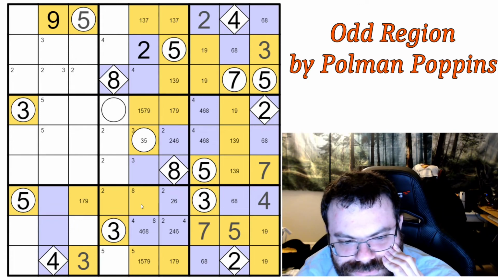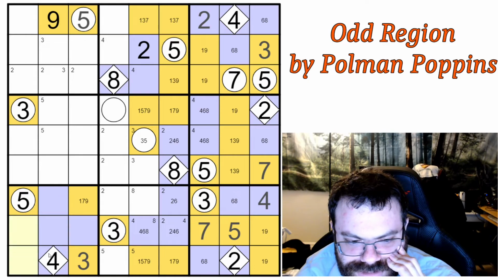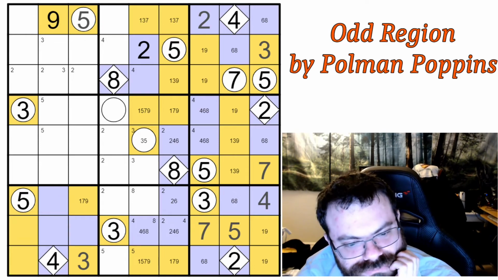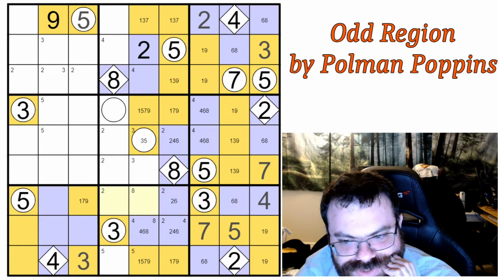But if we took this one as even, we know one of these 2 is the last even for the 4. It couldn't be this one, because that would isolate an odd. So it would have to be this one. Is that a problem? Makes these 2 odd.